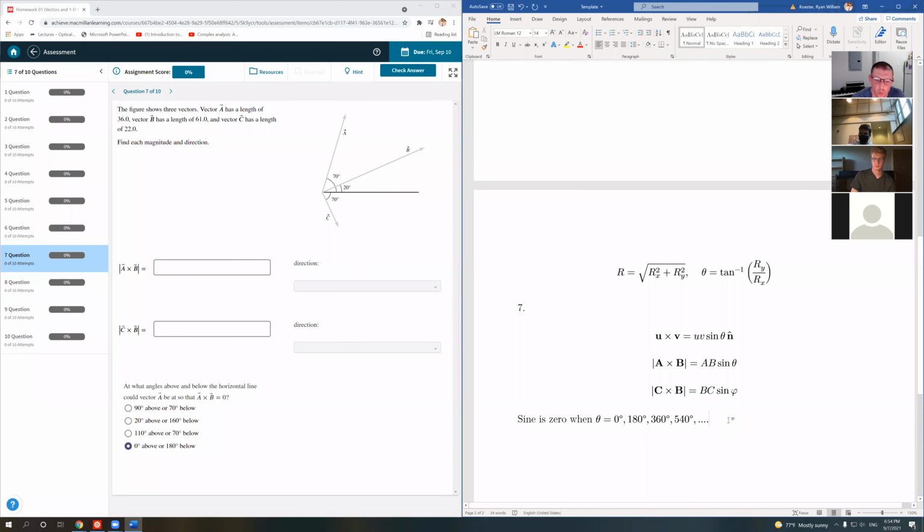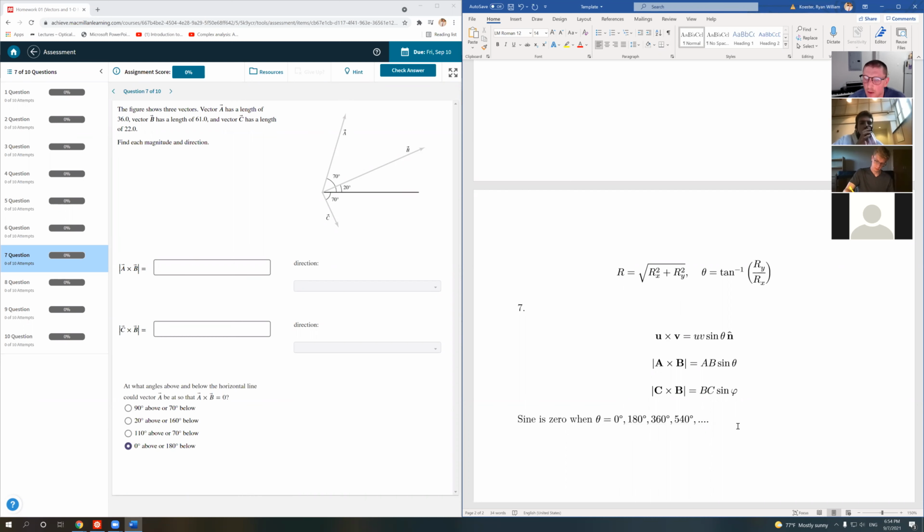If you are unable to get it, just reach out. But I'm going to leave it at this, right? Because remember the cross product depends on the sine of the angle between the two vectors, we want to see when sine of that angle is 0.